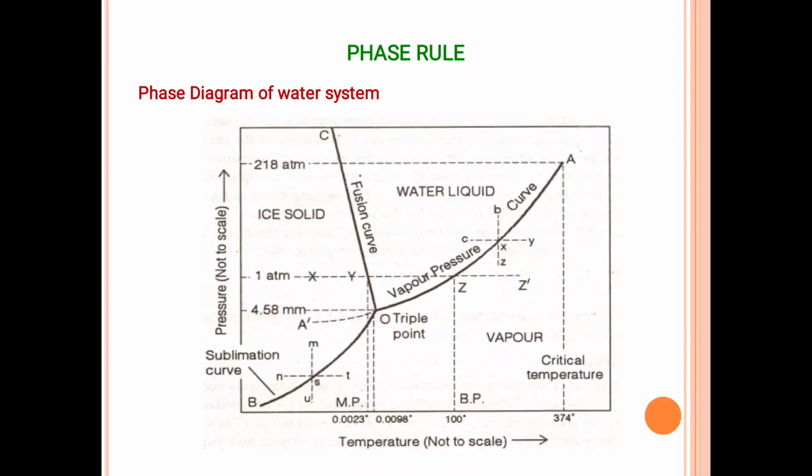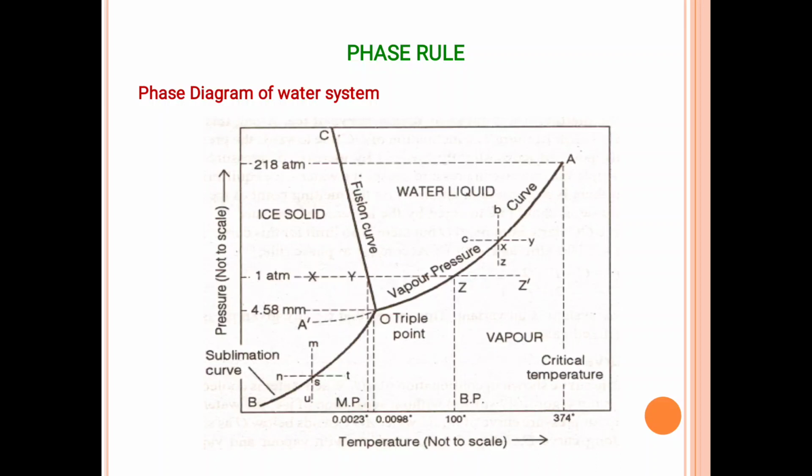Then we go for the areas AOC, BOC and AOB, which represent water, ice and vapor respectively. So in order to define the system at any point in the areas, it is essential to specify both temperature and pressure.